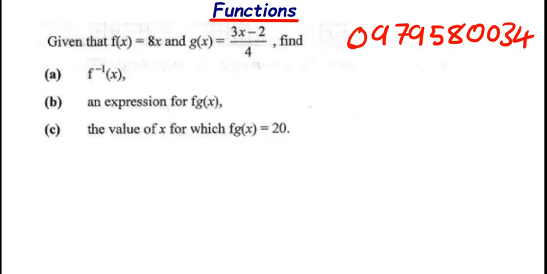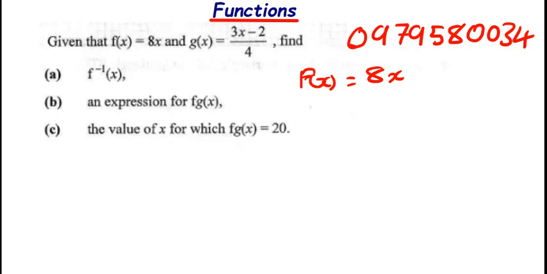Now they are saying find what? F inverse of x. How to go about this question is you first get f of x, because they are saying the inverse of f of x. So you say f of x is equal to 8x.